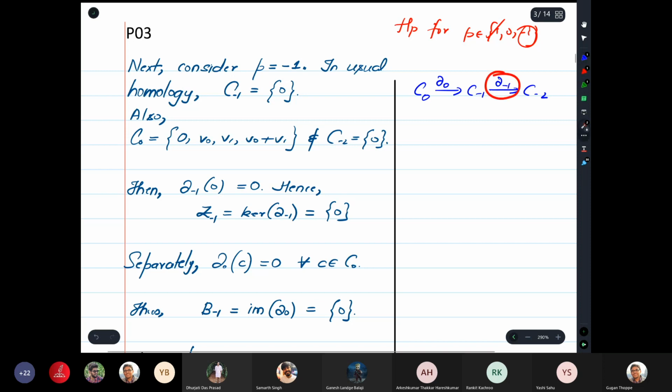So this is how the boundary operators are defined. In order to compute H-1, I need to understand the story that is happening between these three vector spaces. All right. Okay, so C-1 is the trivial vector space. C0 is made up of these four elements, and C-2 again is the trivial vector space, right?